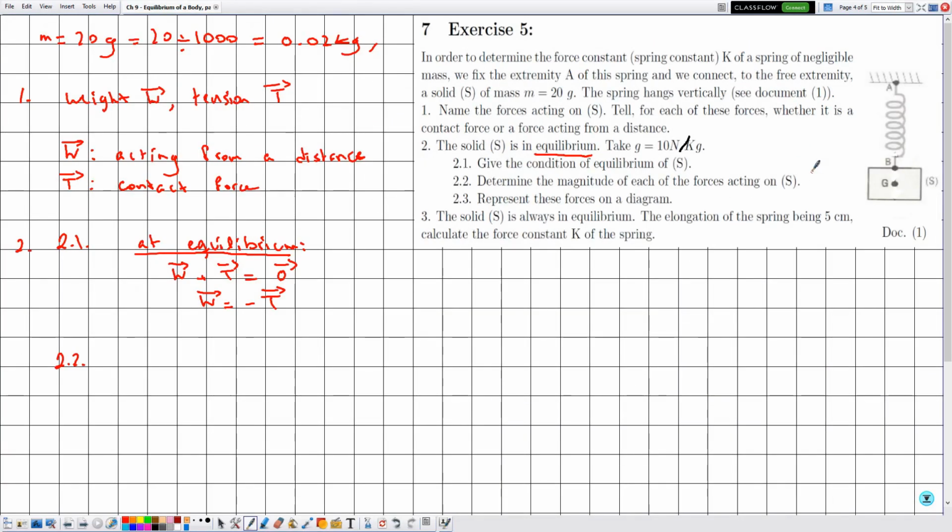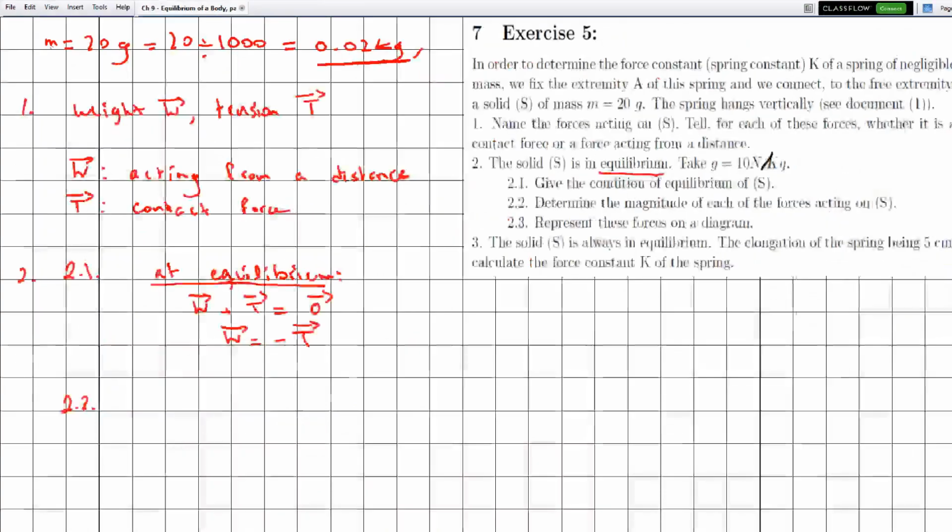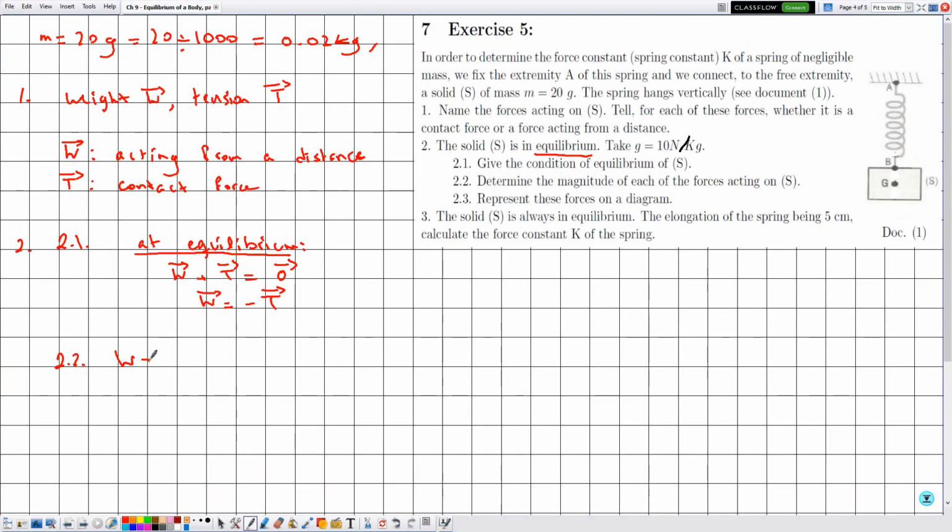Okay. Now in number 2, they are asking us to determine the magnitude. So always one must directly think of G and the mass, which allows us to determine the weight. Knowing the weight and the condition of equilibrium, one can deduce the tension.